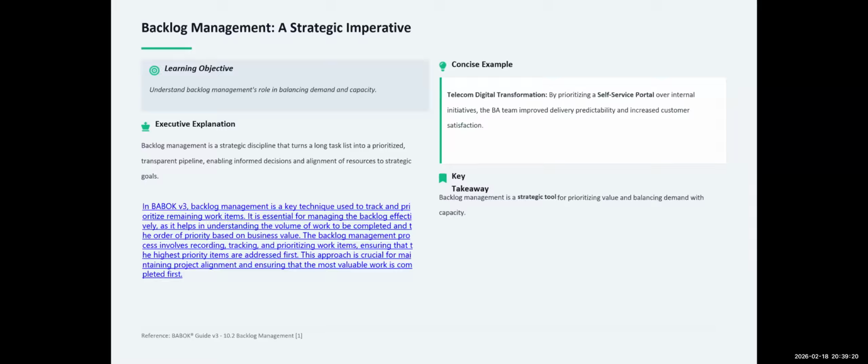In the sense that if you're a business analyst and you need to balance between demand and capacity, you need to adopt what we call backlog management.